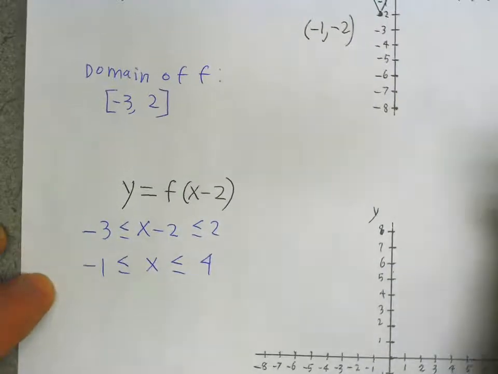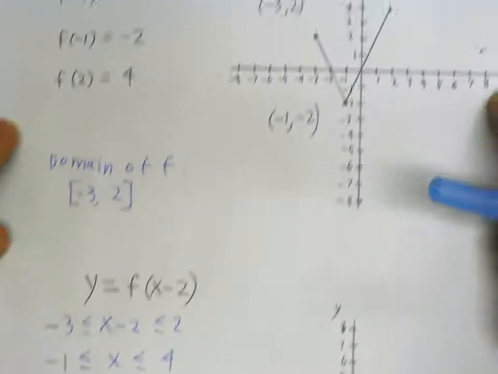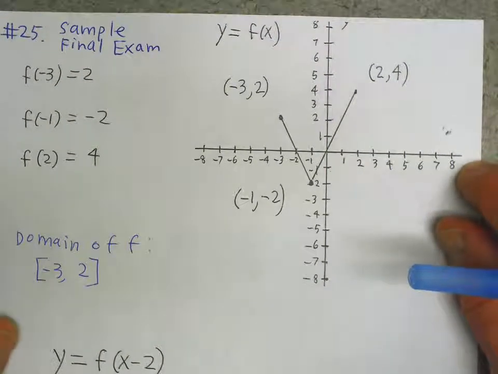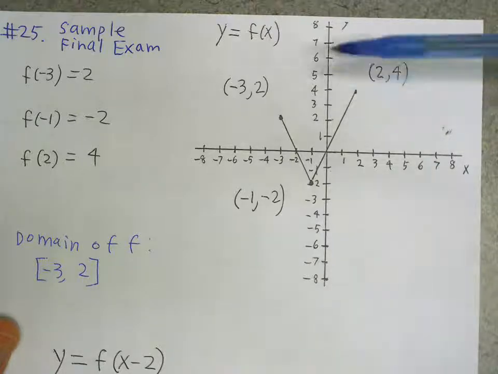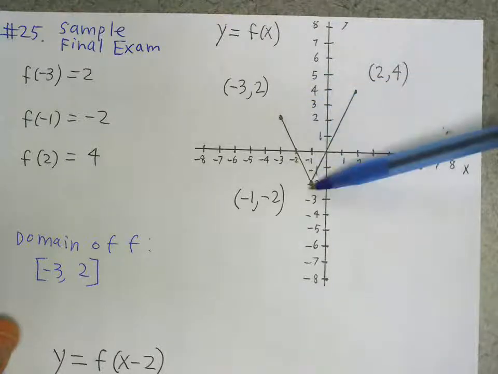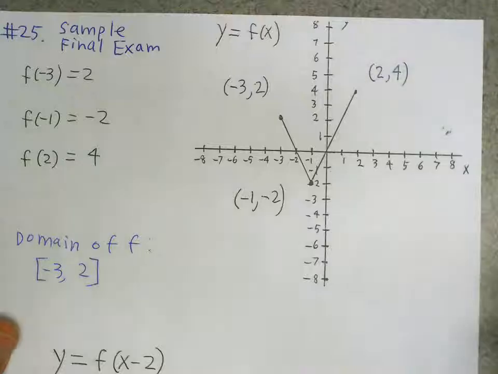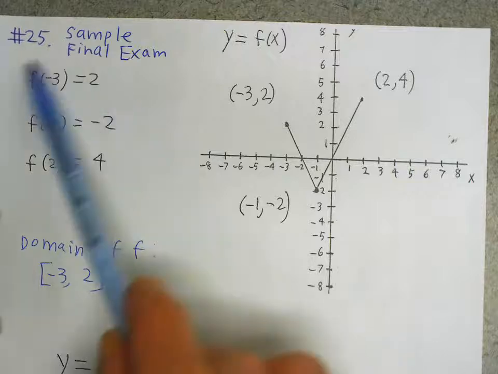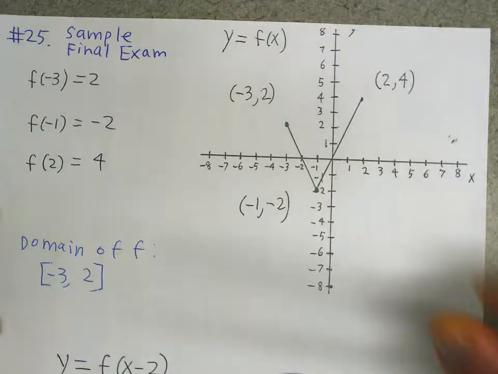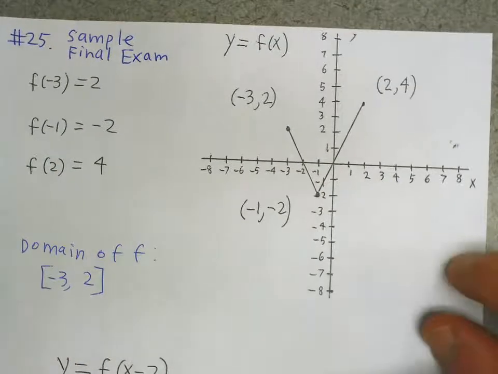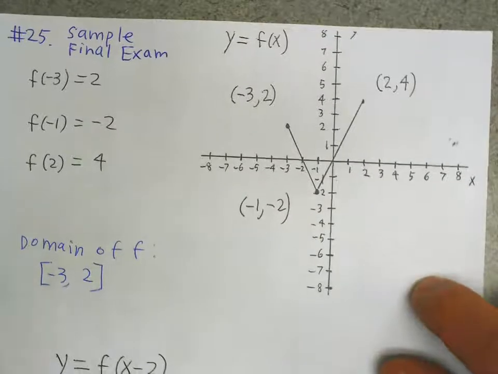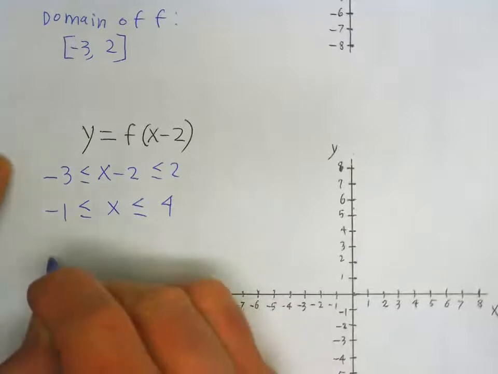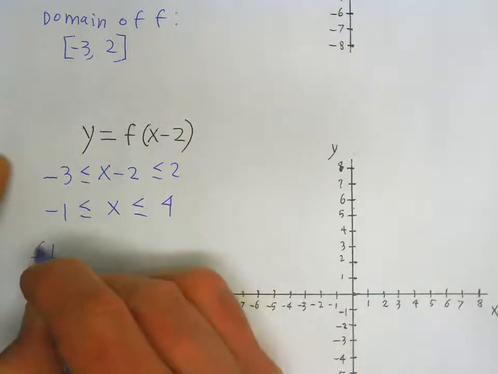So we'll use what we know about the graph of f of x to get a graph of y equals f of x minus 2. So this is just the connection of two line segments. And also these equations will be used in graphing y equals f of x minus 2. Down here we'll just create a table of x and y coordinates.